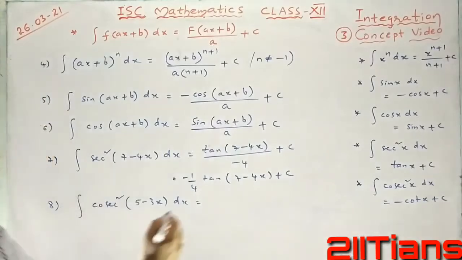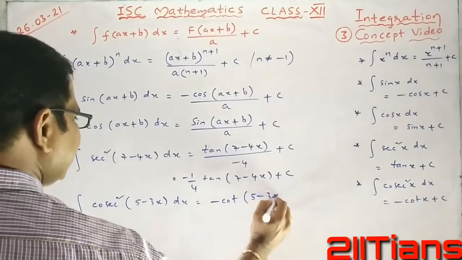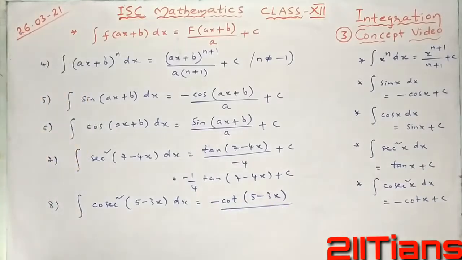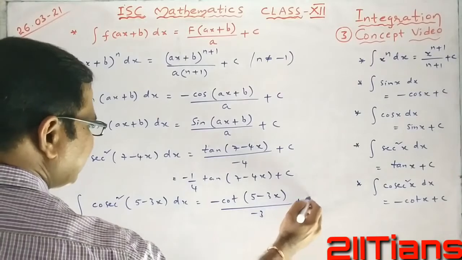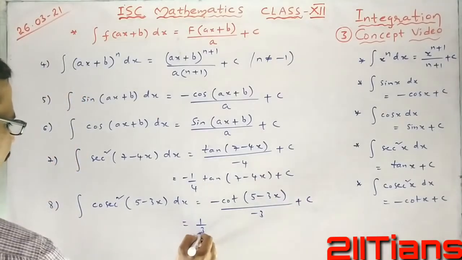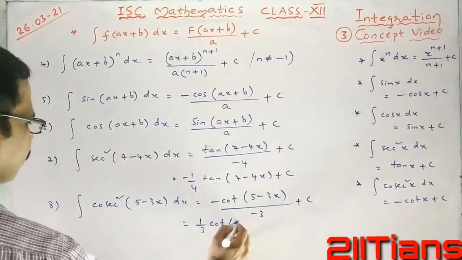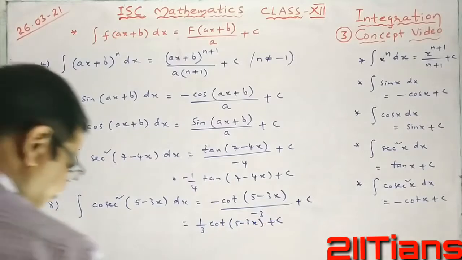So here we can write minus cot x means 5 minus 3x upon, what is the coefficient of x here? Minus 3. That should be written in the denominator. So minus minus gets cancelled. 1 by 3 times cot of 5 minus 3x plus c. That is the final answer.